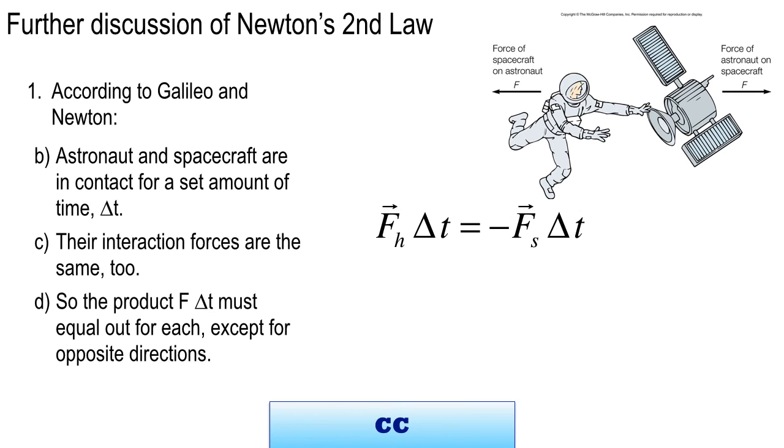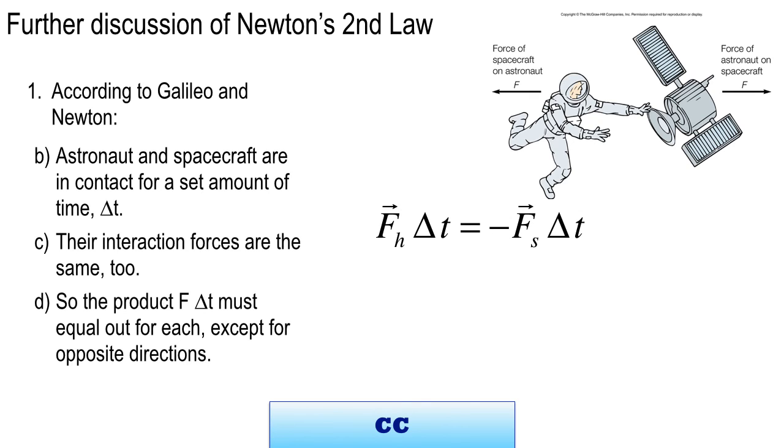Okay? And so this minus sign here indicates that the direction of the force on the human is opposite of the force on the spacecraft. Okay? Now, that's like saying equals times equals are equal. That sounds like geometry class. All right? And that's definitely true.